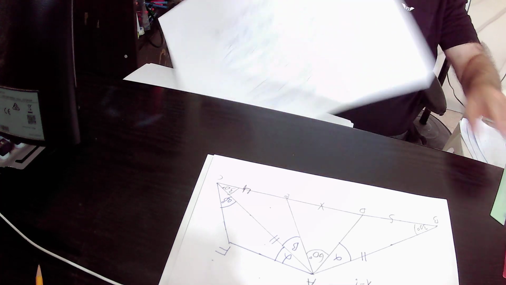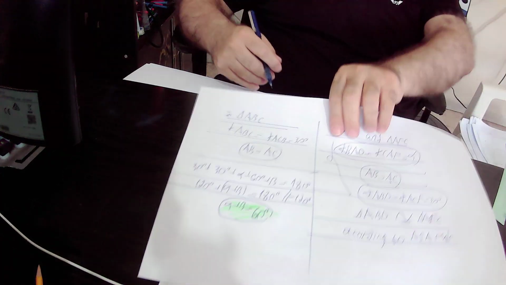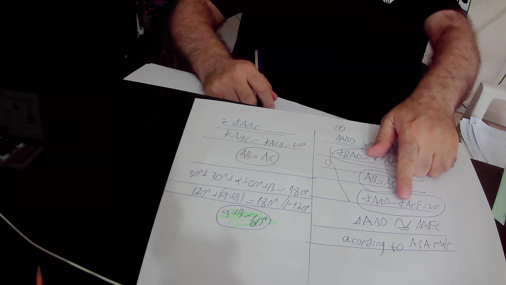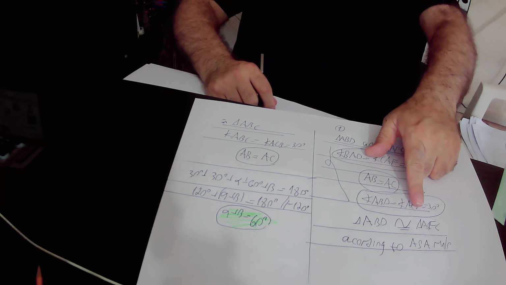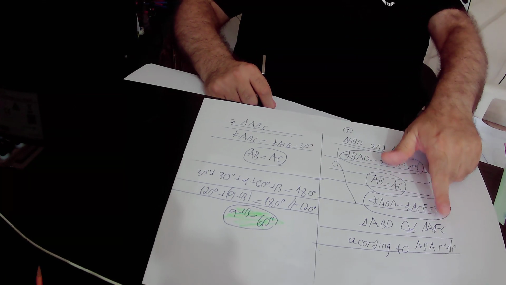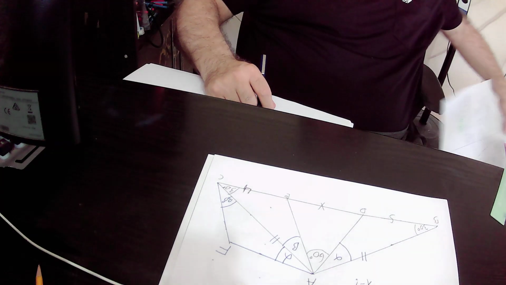I'll repeat again. We actually proved that triangle ABD is congruent, this is the sign of congruent, to triangle AFC according to the angle side angle rule. I will explain what I mean.